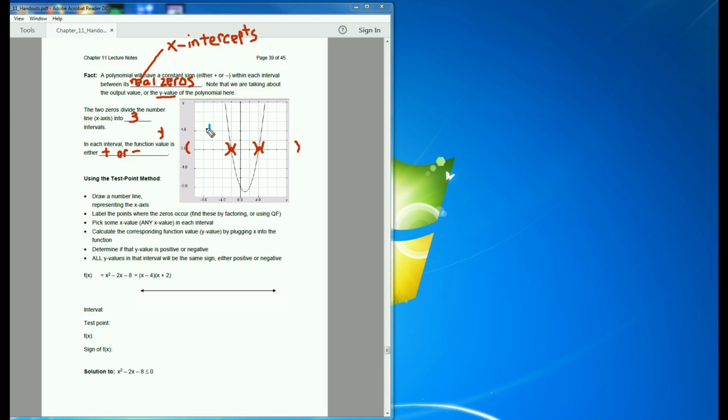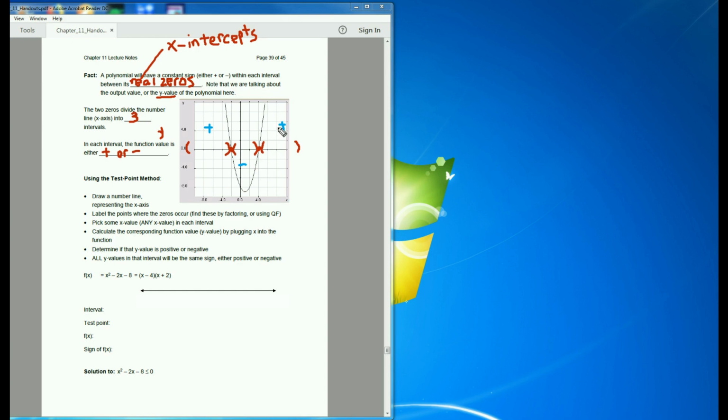All the y's are positive. In the interval between the two zeros, where are my y values? Well, they're all down here. They're all negative. And in this third interval, where are the y values? Well, they're all up here. They're all positive.